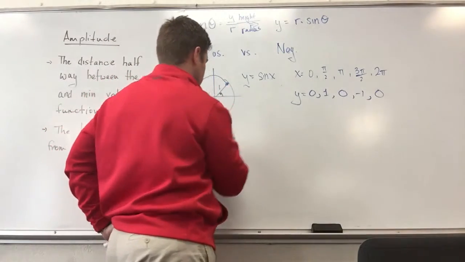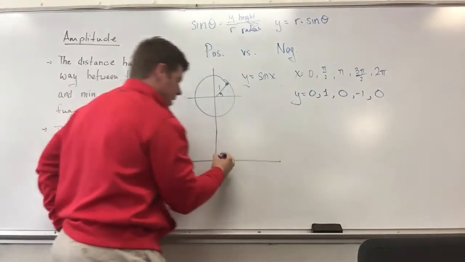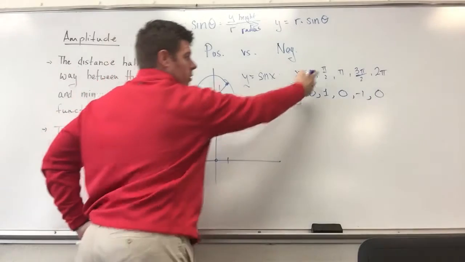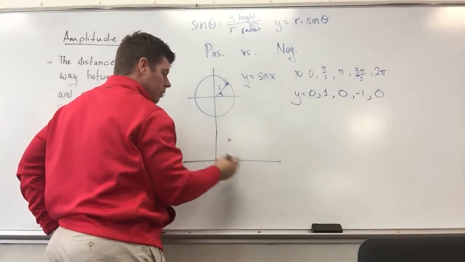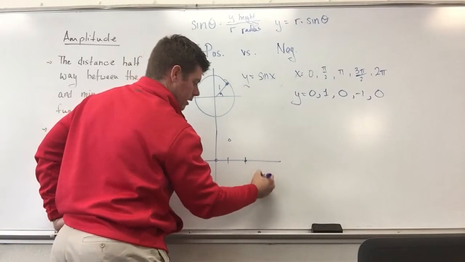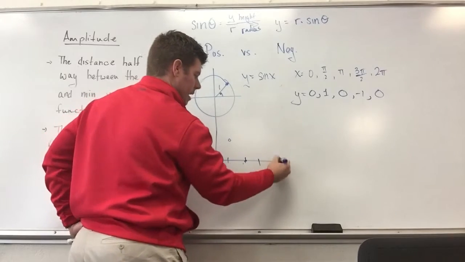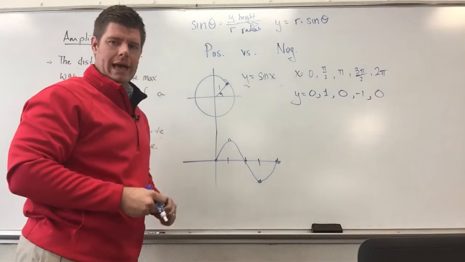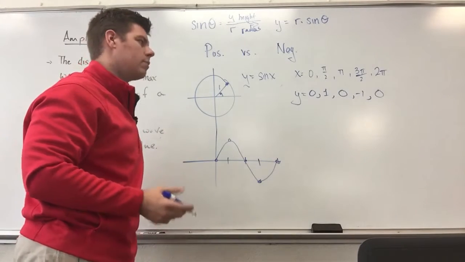When we talk about the sinusoidal wave, we do input, output: 0, 0, input pi over 2, output 1, then 0, then negative 1, and then back to 0. Let's talk about what this represents and where it comes from.